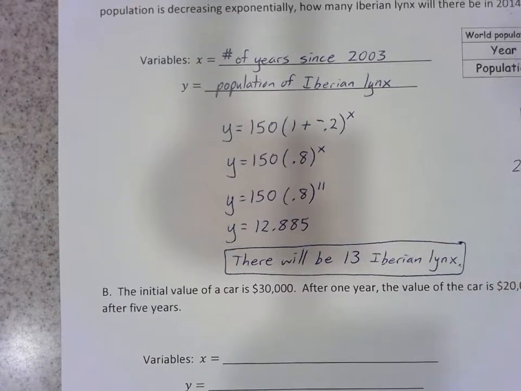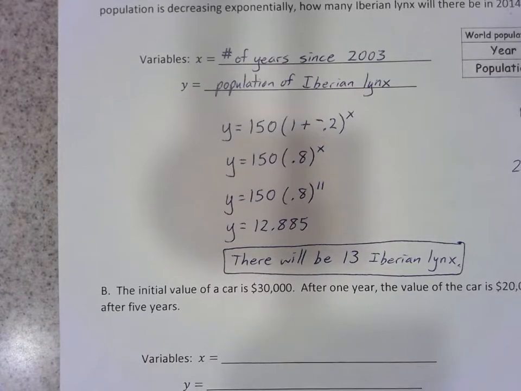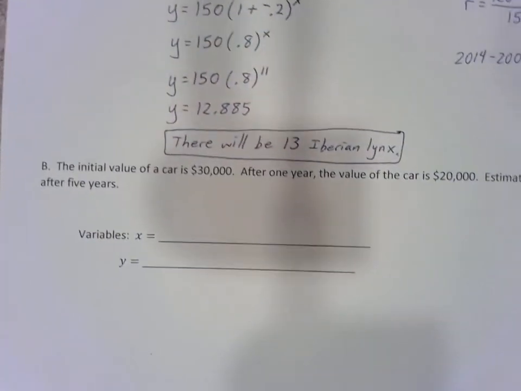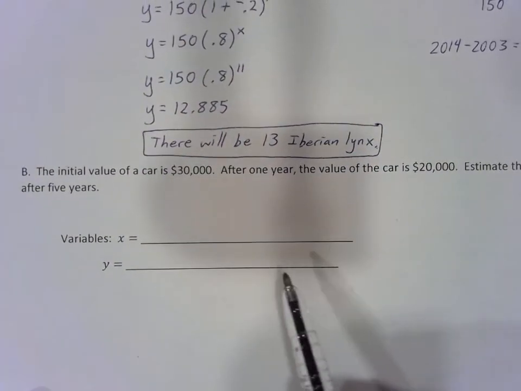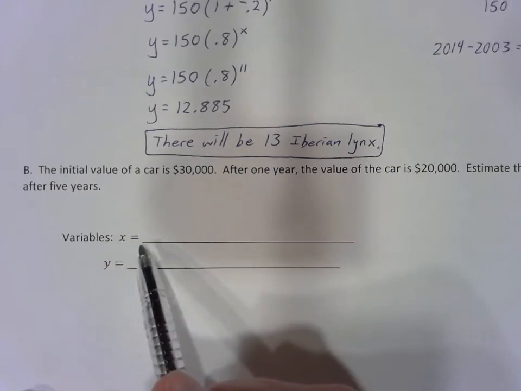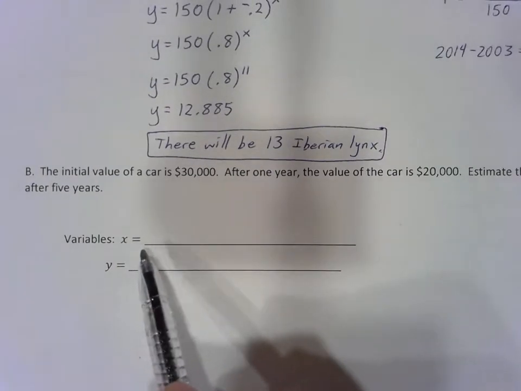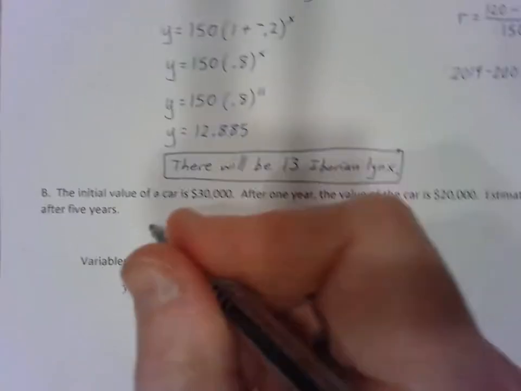Okay, it's your turn. See if you can apply this method to part B. So hit pause on the video. Now that you've tried it, your variable for x should be number of years.